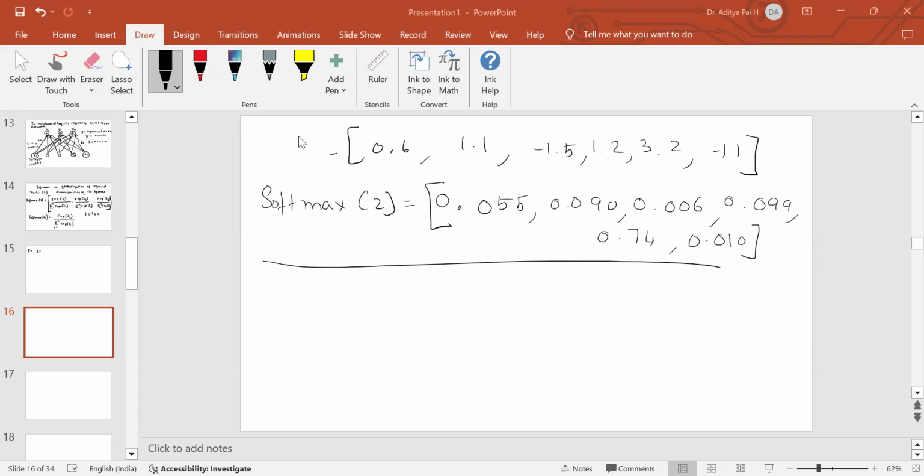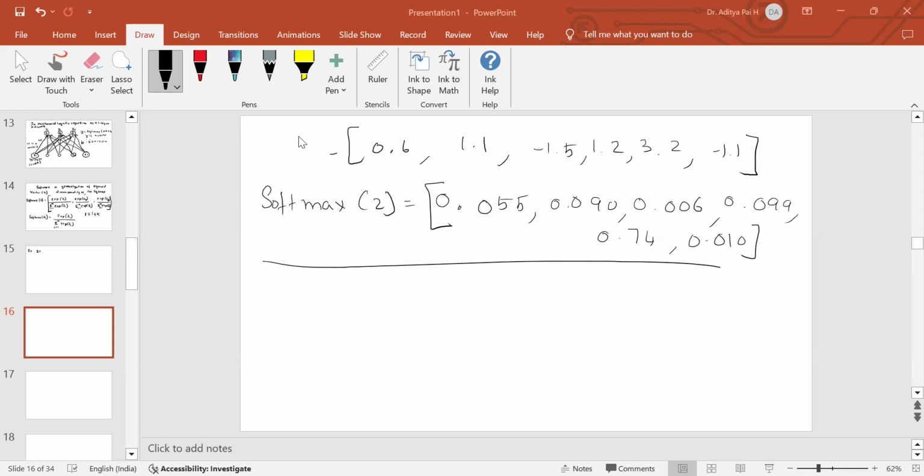These are the connections, and for the biases, this is the bias B1. So this is my bias B of one. And to this, this is my output. For this we are applying the weight W of 2.